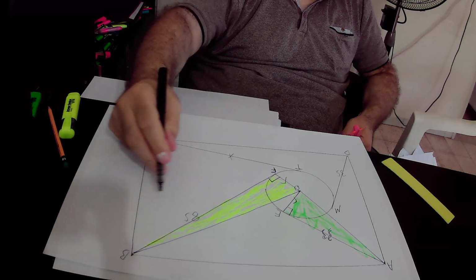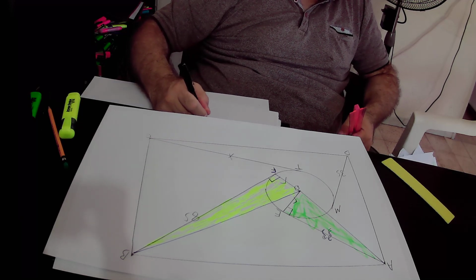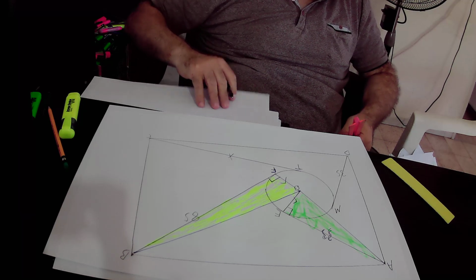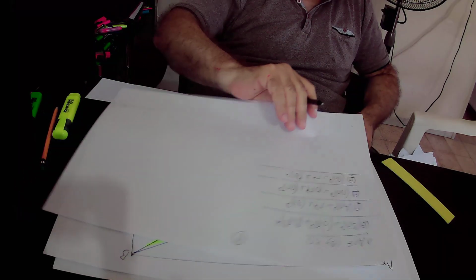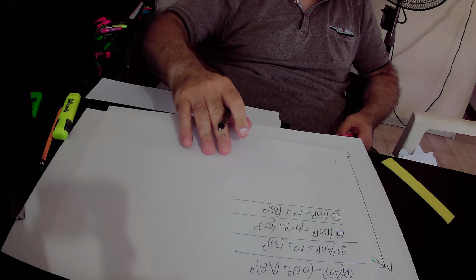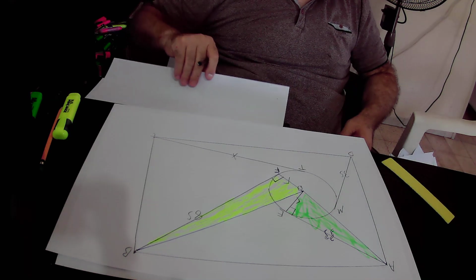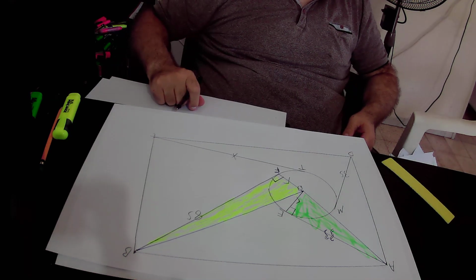Here BF equals 85, therefore BF square is 85 square. In conclusion, we found out that according to equation number 2, BO square equals R square plus 85 square.